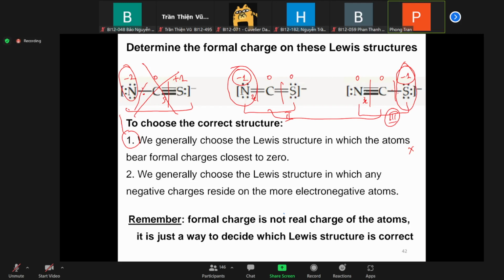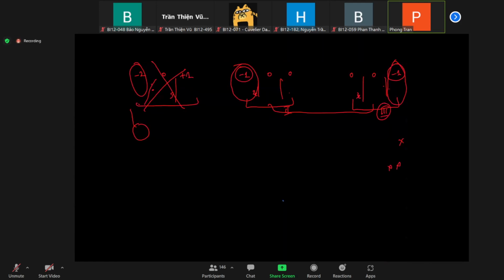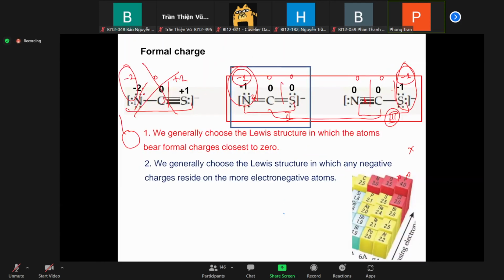Which one is more likely? Based on the second rule, the negative charge will be placed on the more electronegative atom. So now we need to compare the electronegativity of the nitrogen and sulfur.